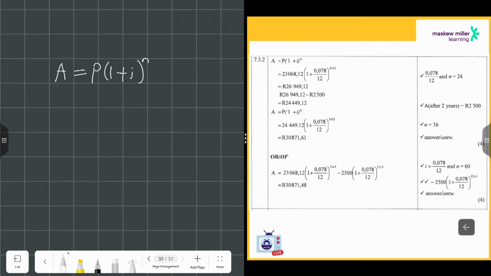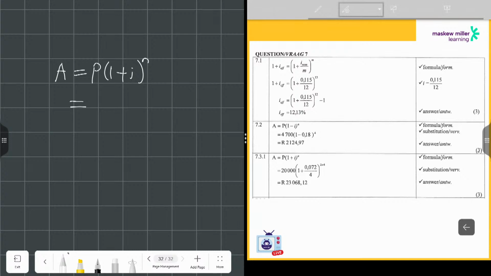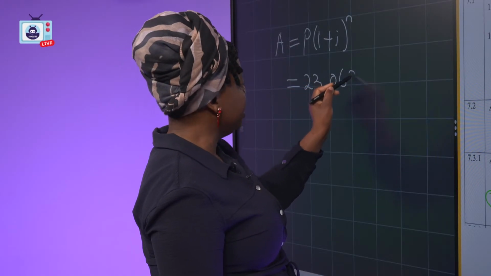Because we are still dealing with investment, and we are no longer going to use the 20,000, just because the 20,000 has been used in the first 2 years. Now we are going to use what we have after the first 2 years as our P value. So the P value has changed to 23,068.12.